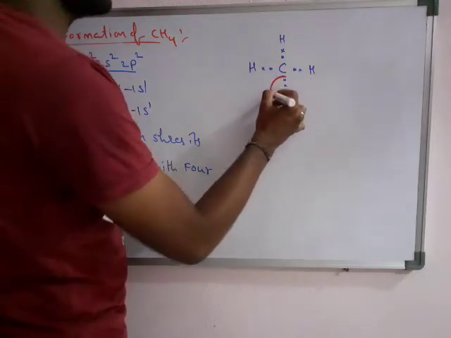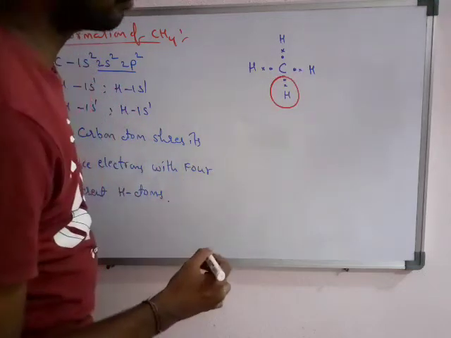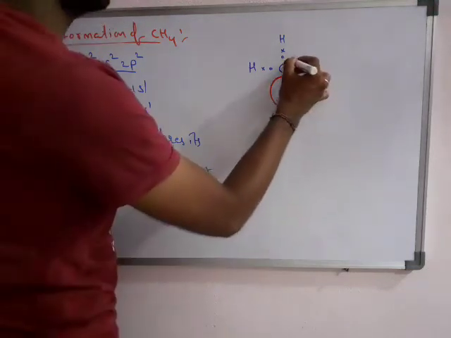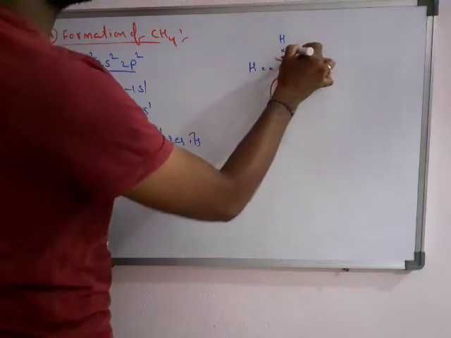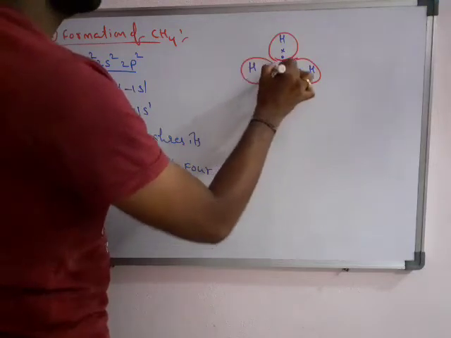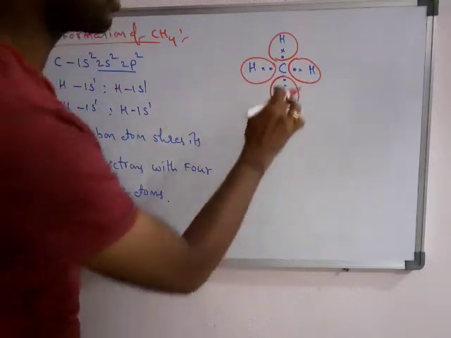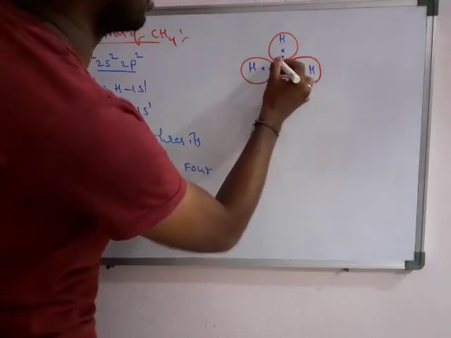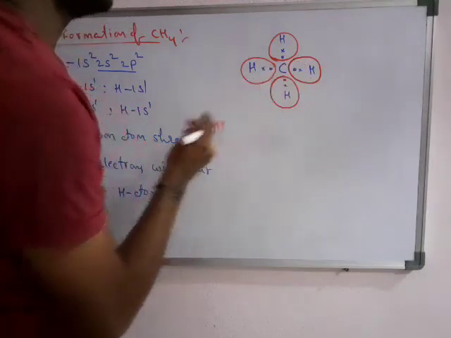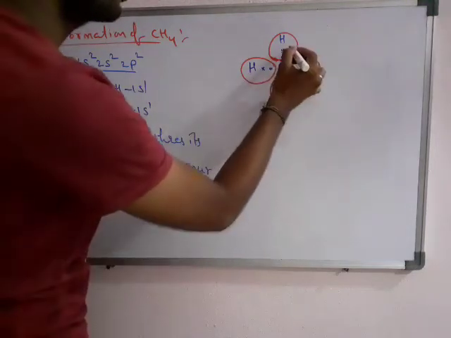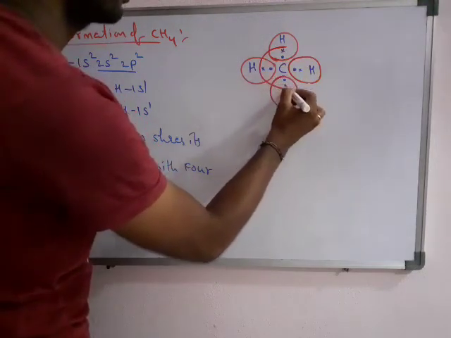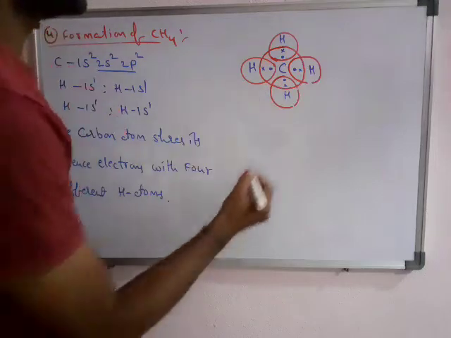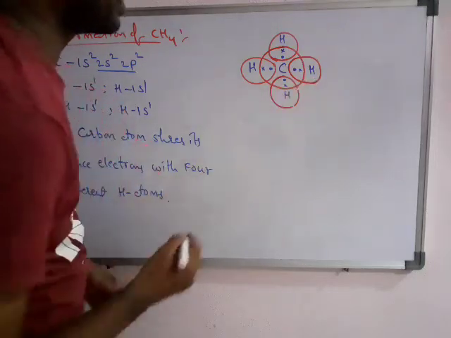Now see, this hydrogen is satisfied by getting helium configuration. This is satisfied, this is satisfied, and all 4 hydrogens are satisfied with 2 electrons, that is helium configuration. Now what about this carbon?